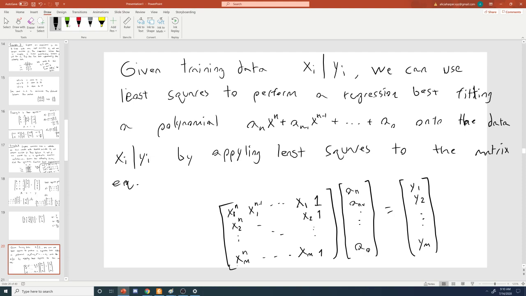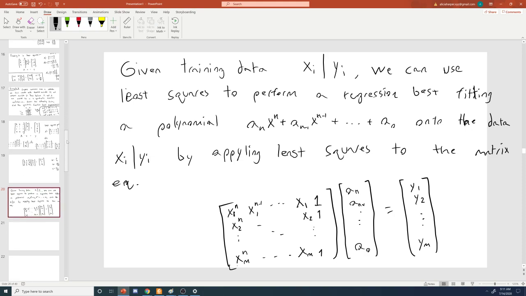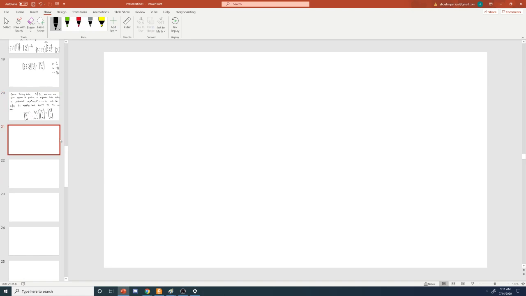And in some sense, all of statistics is based around it. So now we're going to move on to another topic. And the next topic is going to be inner product spaces. And so this is going to allow us to generalize a lot of the work we've done so far.